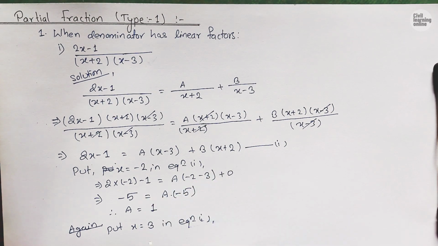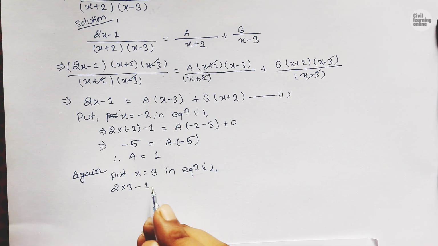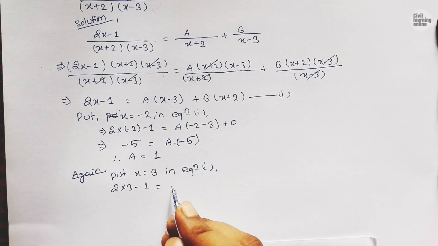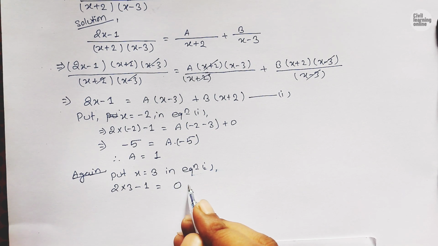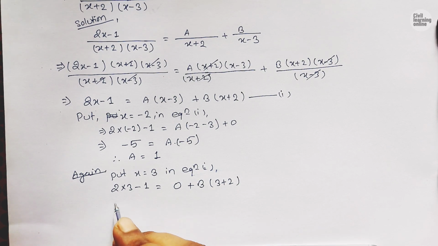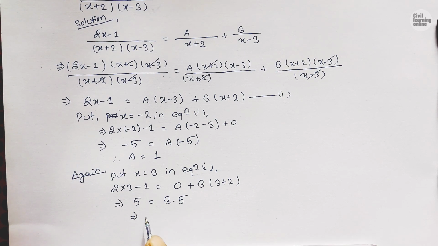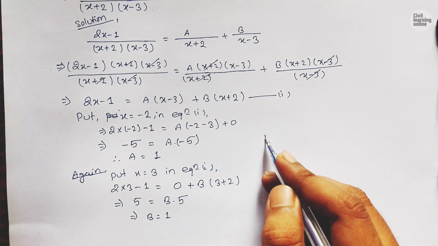So on putting x equals to 3 in equation 1, we will have 2 times 3, I hope this is visible, 2 times 3 minus 1 equals to 0 plus b times 3 plus 2. So from here we will have 6 minus 1, 5 equals to b times 5. From here we will have b equals to 1. Now we have successfully calculated the value of a and b, so I am going to use this portion to get the final answer.